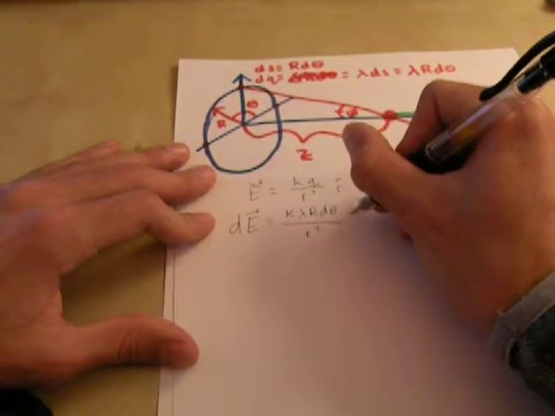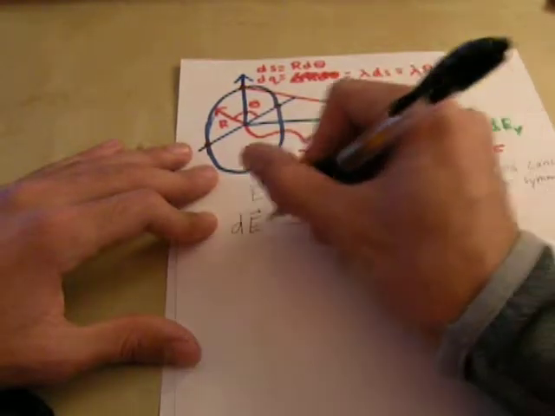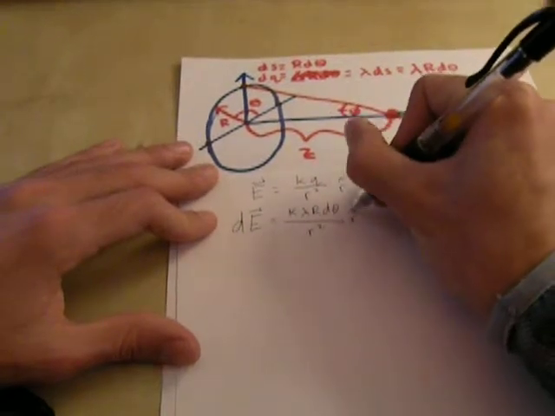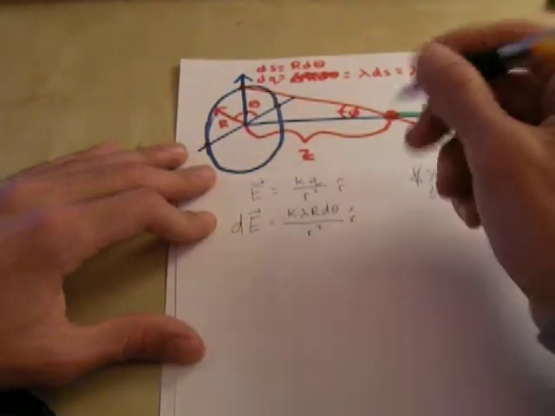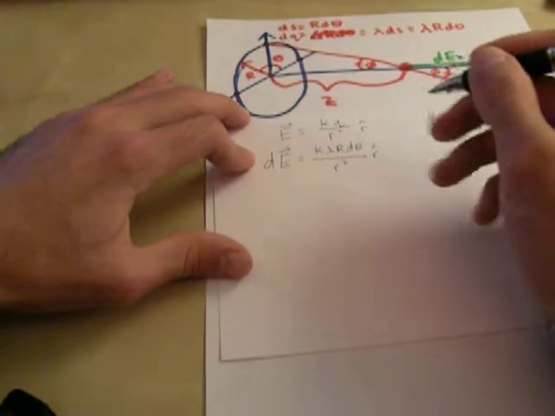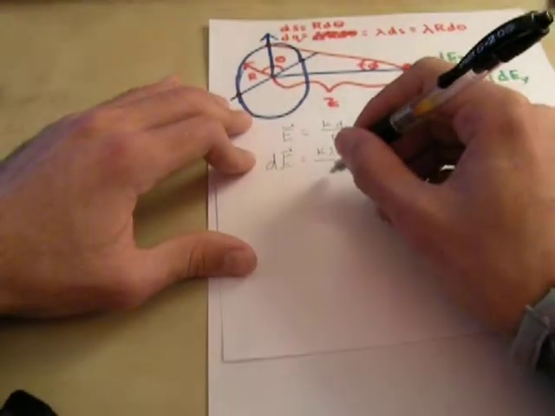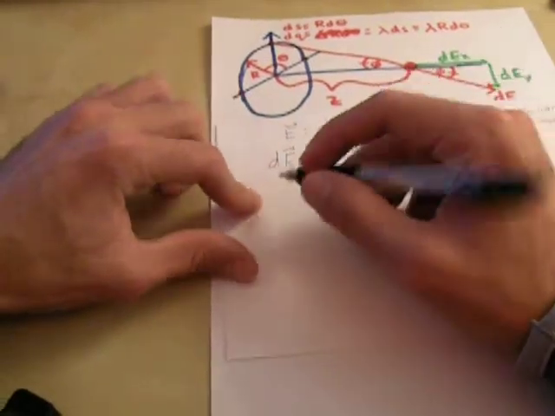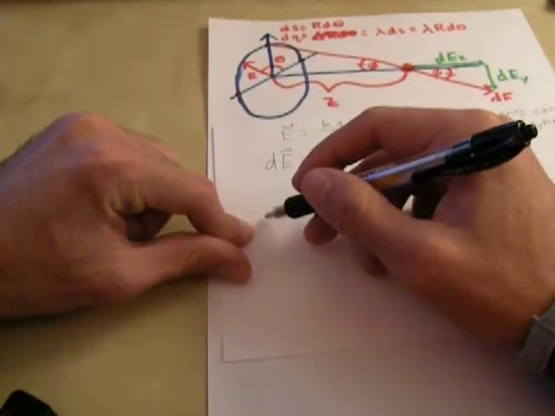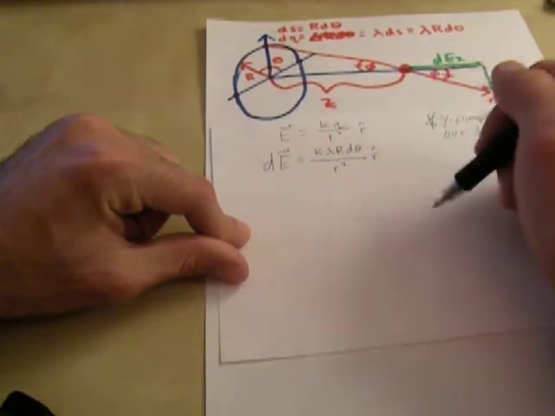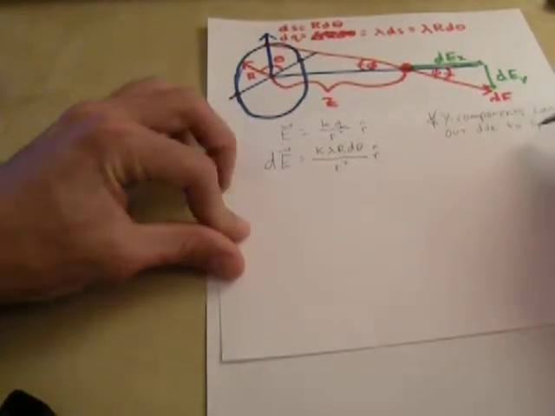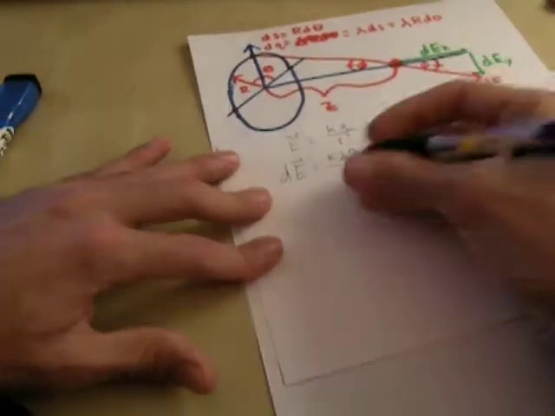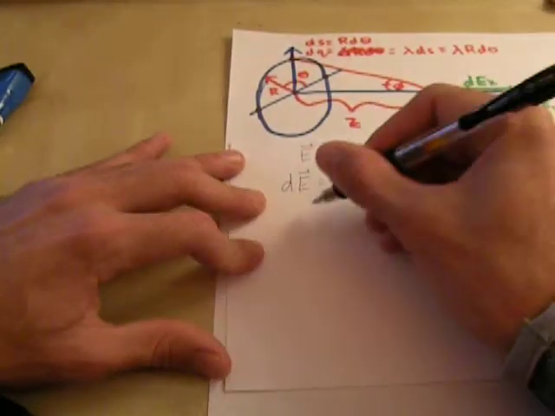We're not changing anything right there yet. Okay. So let's move on. This is the point where you would differentiate for your x components, your dEx and your dEy, but since we already said that the y components cancel, we don't need to do the dEy. So let's just do the dEx.